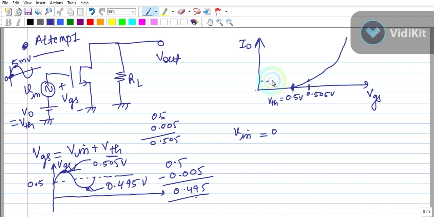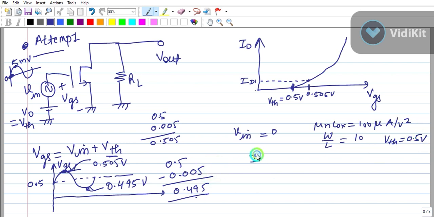The current will be this much, ID1. Let's consider some values: mu n Cox equal to 100 microampere per volt square, W by L equal to 10, and VTH is 0.5.